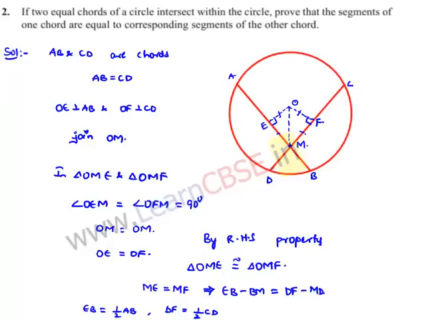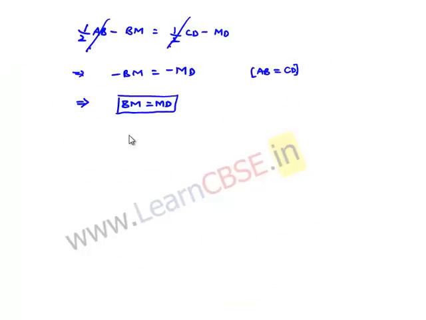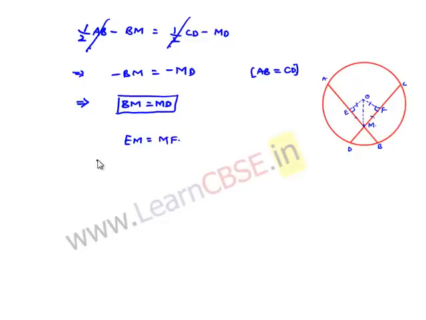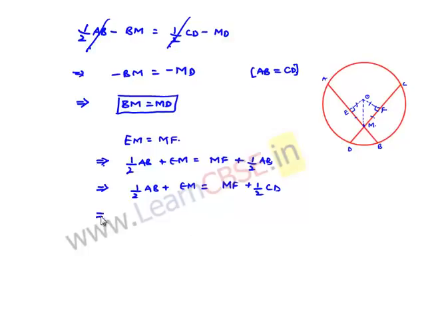Next, we need to prove that the other segments are equal, that is AM is equal to CM. In order to do this, let us consider EM is equal to MF. Let us add half AB on both sides. Then we get half AB plus EM is equal to MF plus half AB, which can be written as half CD.